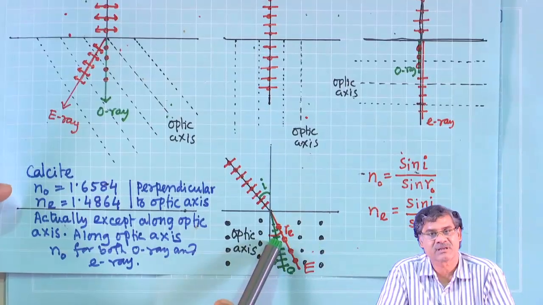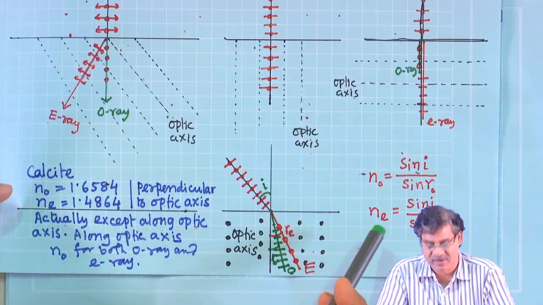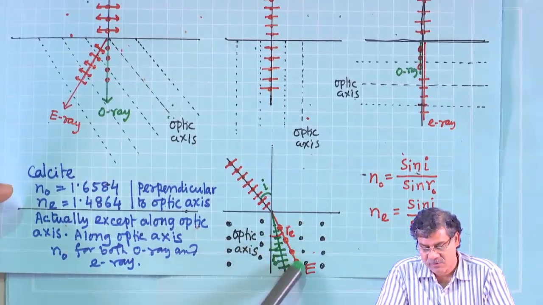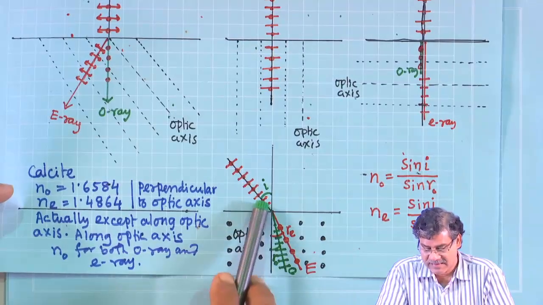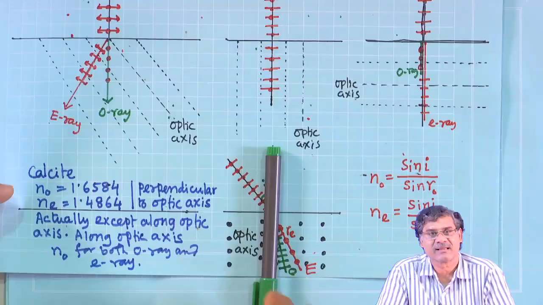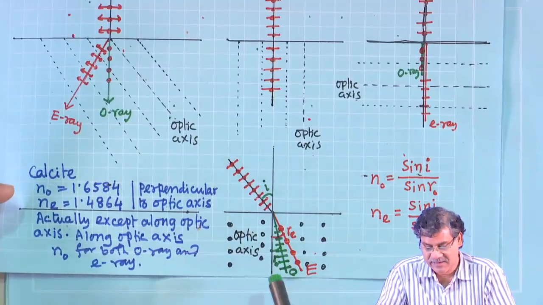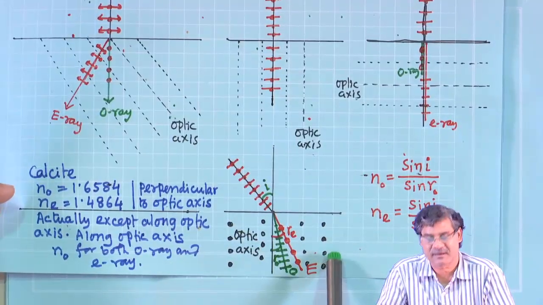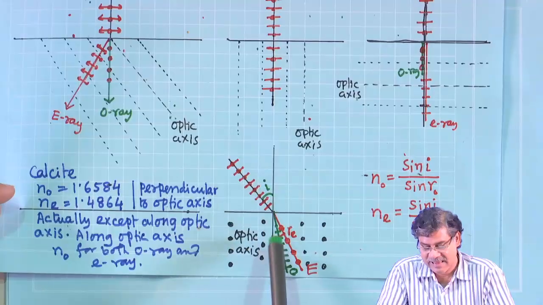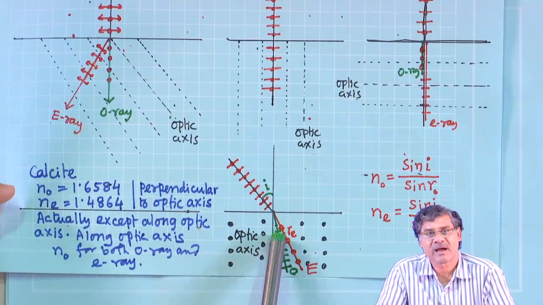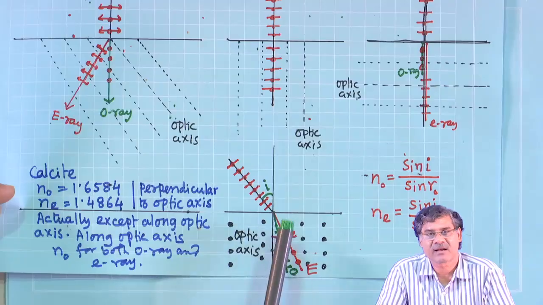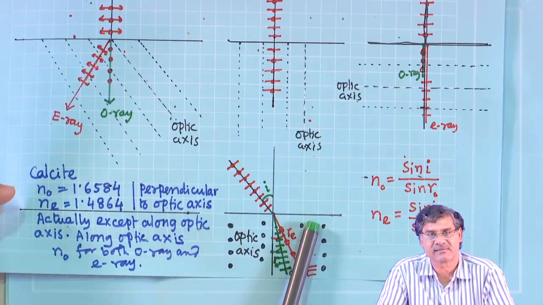So their velocity or refractive index will be different. So the O ray and E ray will be separated. Okay. So here we are getting the O ray and E ray separated, and from this angle one can find out the refractive index for this crystal.